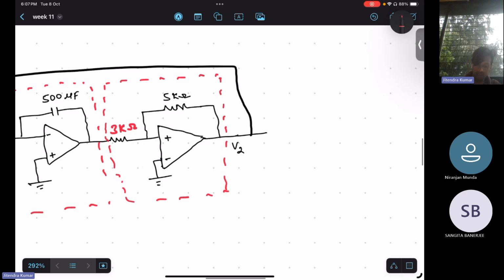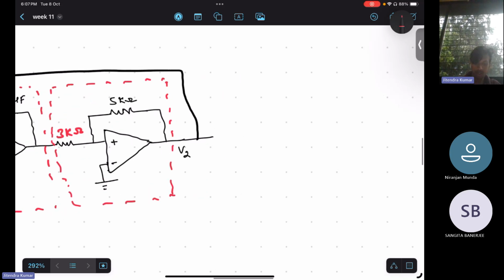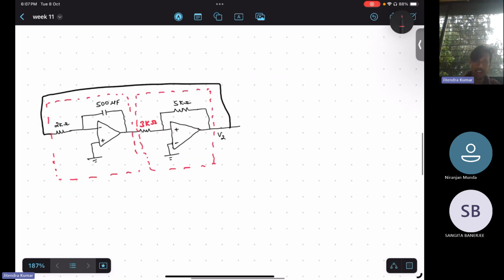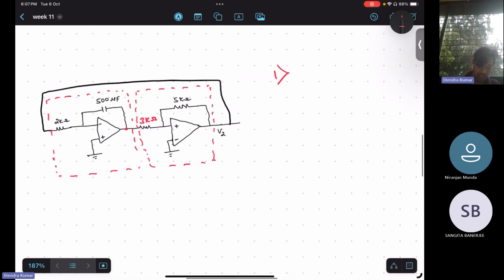So let me write down what we need to find out. First thing is the nature of the waveform of V1. So V1 will be here. What kind of waveform V1 will have. And the second thing, the nature of the V2 waveform.